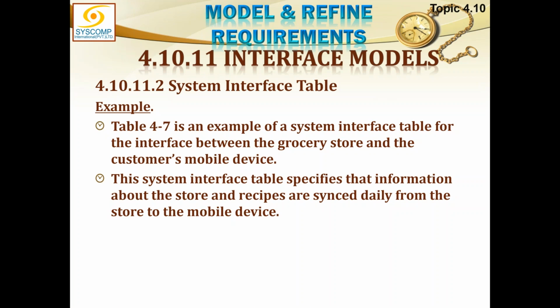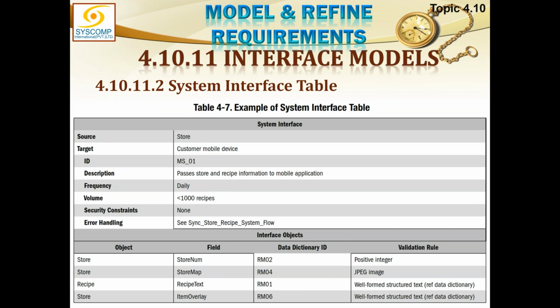So for every interface within the whole system you are designing, you will have this interface table. This system interface table specifies that information about the store and recipes are synced daily from the store to the mobile device. So both of these data about the store and the recipe are actually going down to the mobile device of the customer.